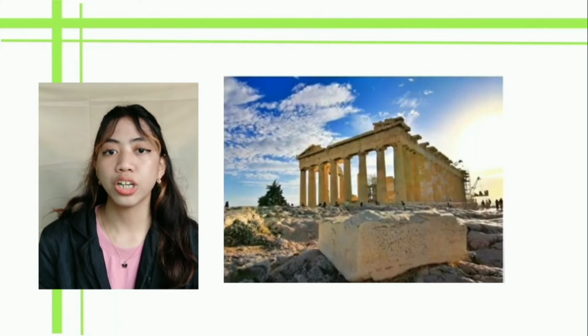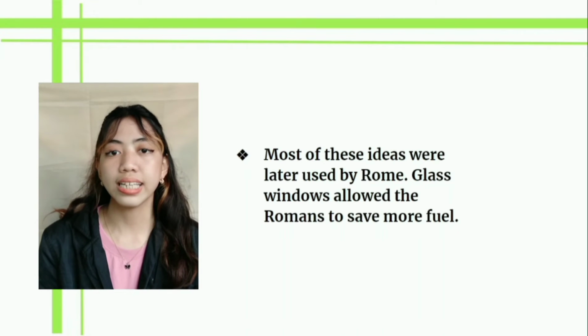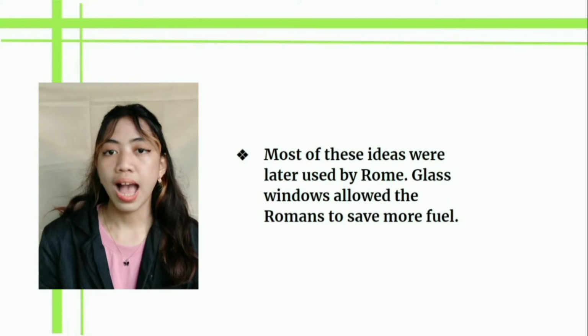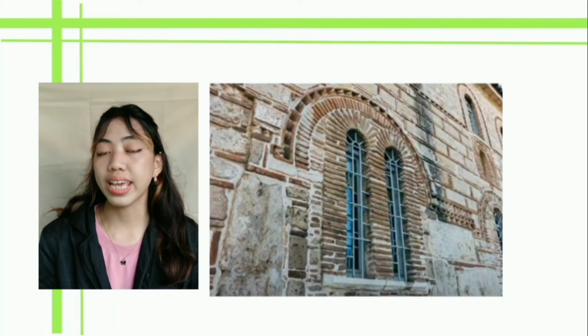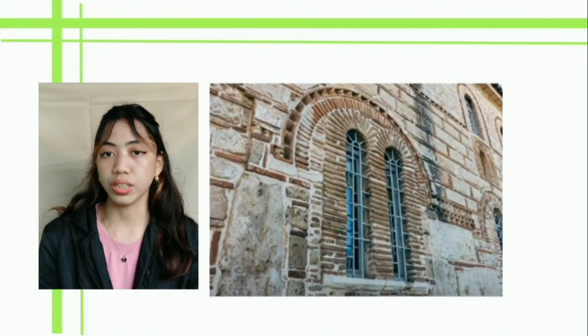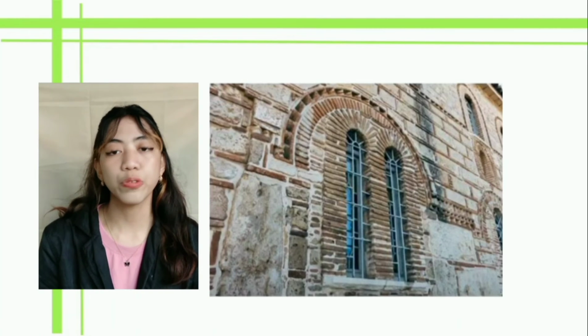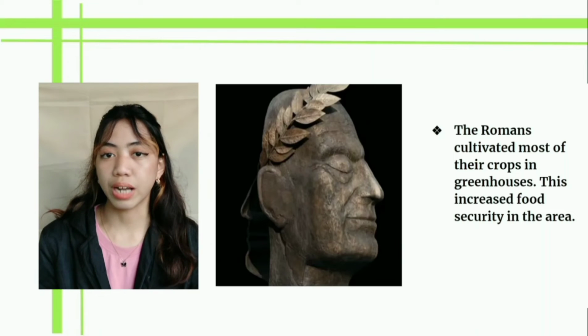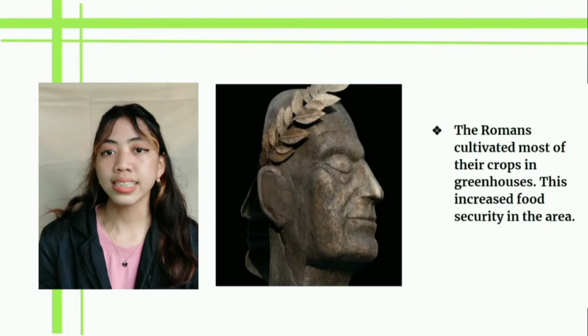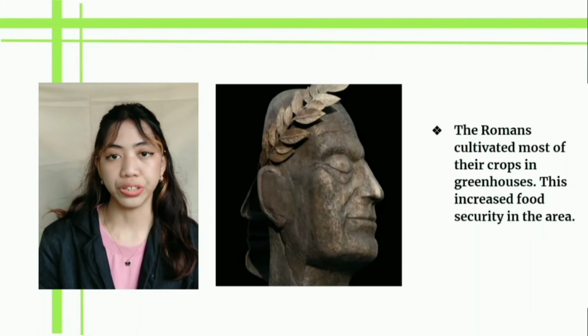The Greeks built their homes to keep out the colder winds. Most of these ideas were later used by Rome. Glass windows allowed the Romans to save more fuel. The light from the glass illuminated the rooms without opening the windows, so the houses stayed warm all winter. The Romans cultivated most of their crops in greenhouses. This increased food security in the area.